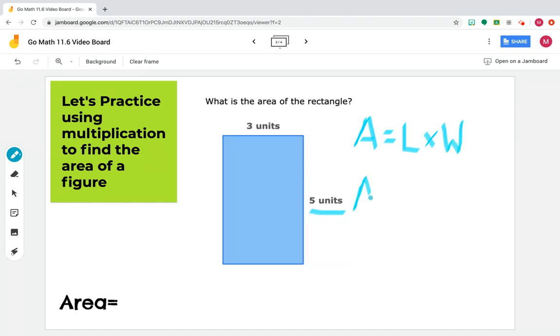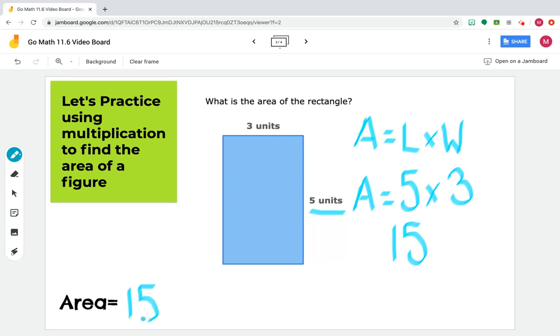So for this rectangle, the area is going to equal 5, because that's my length, times 3. 3 is the width. I know that 5 times 3 equals 15. So my area is 15.